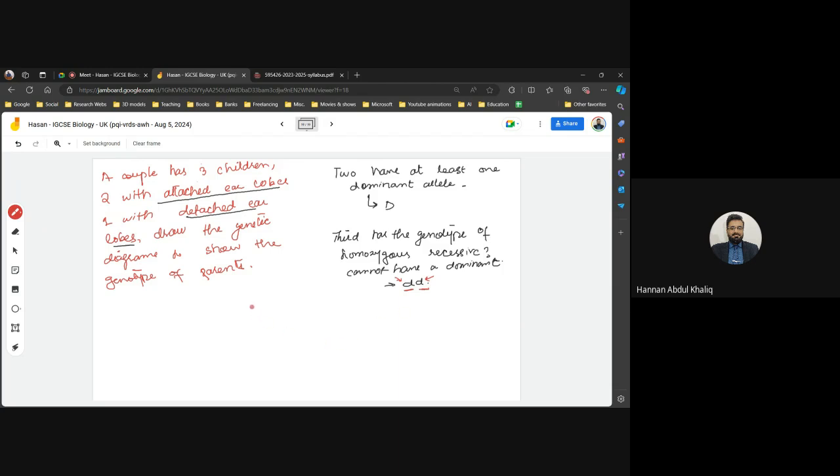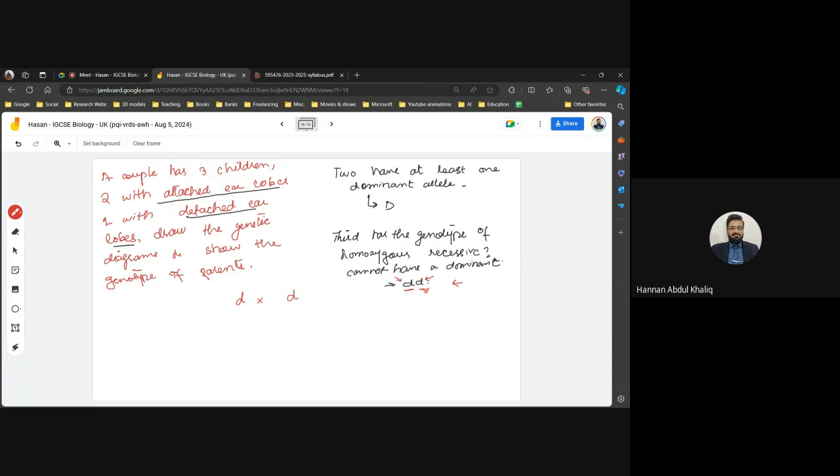So I can for sure say that their parents have at least one recessive allele. Why can I say that for sure? Because every child gets one allele from one parent and the other allele from the other parent. So if this child is homozygous recessive, it means one he got from one parent and the other he got from the other parent.